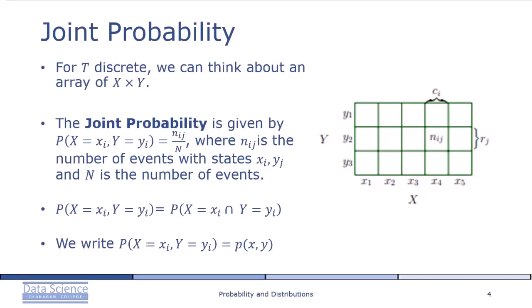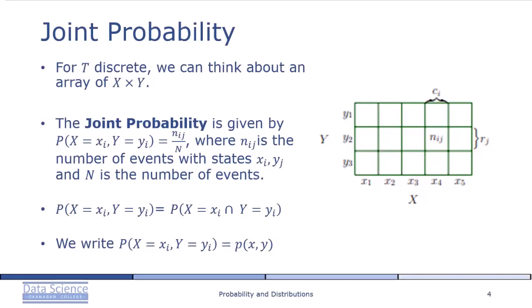The joint probability is the probability of the intersection of both events. That is, the probability that X equals xi and Y equals yj is really the probability that X equals xi intersect Y equals yj.